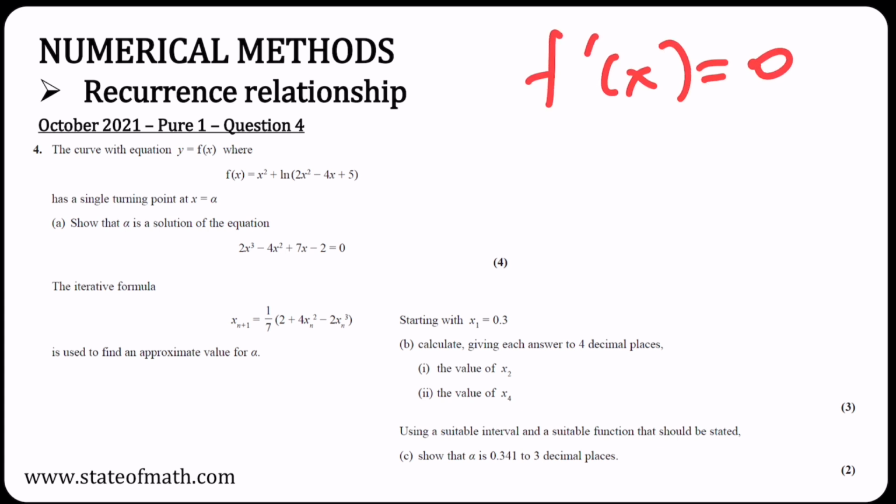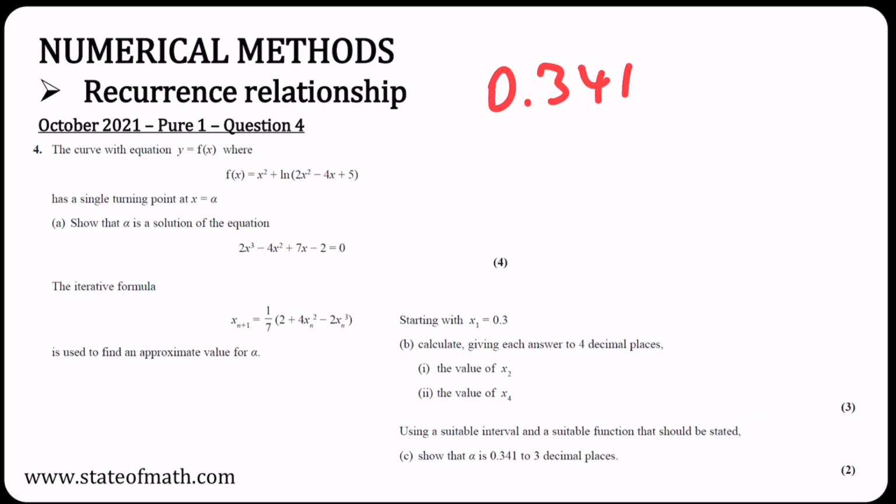So remember, we are always looking for a change of sign on the equation that needs to be 0. And again, it finishes off with the standard last part of using a suitable interval to show that the root is 0.341. So you'll go 5 up, 0.3415, and 5 down, 0.3405, in order to look for a change of sign and conclude that the root is 0.341.